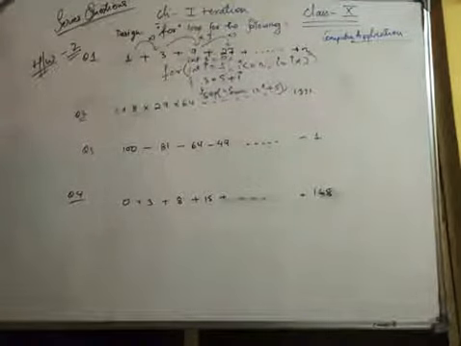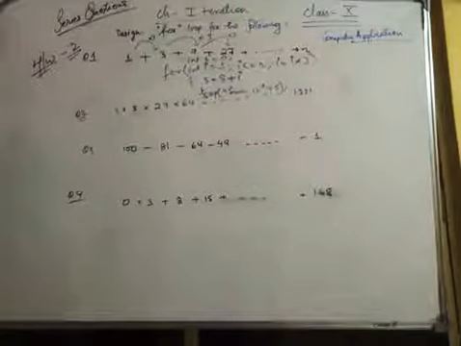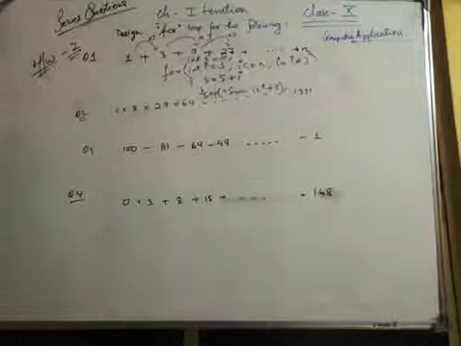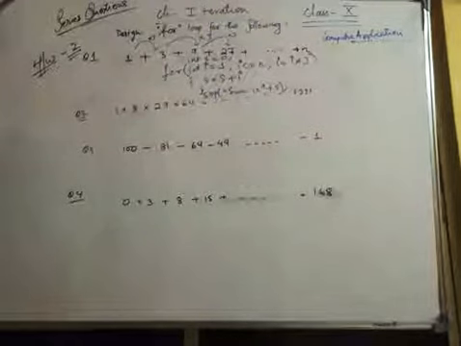The next one we'll see: we have 1 plus 8 plus 27 plus 64 till the end, and we must first crack the sequence, only then can the loop be made. So 1, 8, 27, 64: we have 1 cube as 1, 2 cube as 8, 3 cube as 27, 4 cube as 64, and 11 cube as 1331.